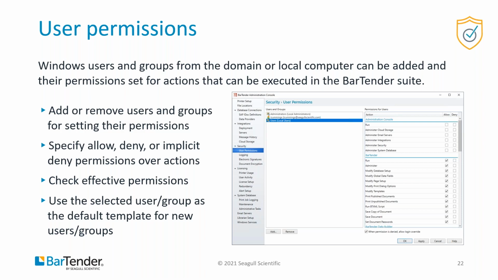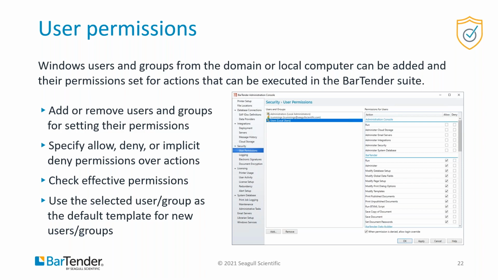What I mean by that is if you have an intersection between groups and users, for example, an individual user might be a member of a group, and you want that particular user to have some exceptions in terms of being allowed permissions over certain actions that members of the group are denied.